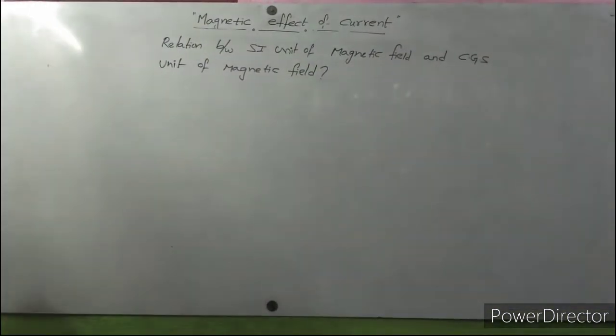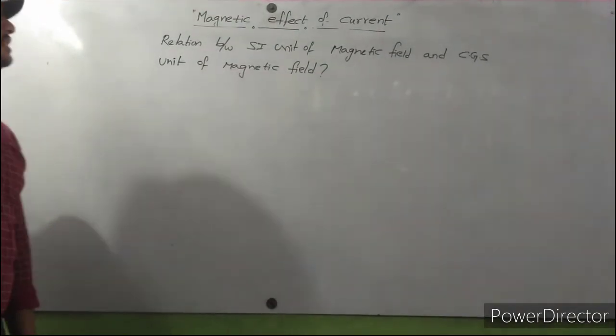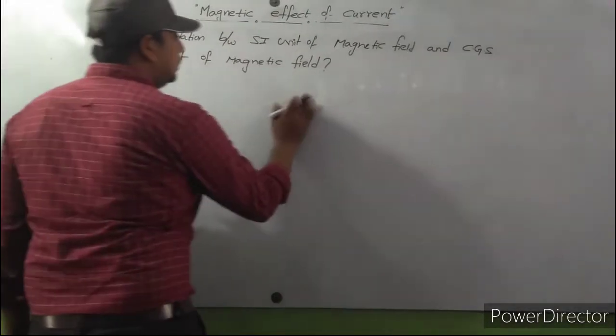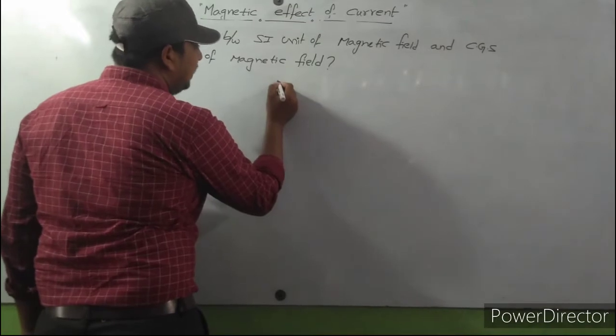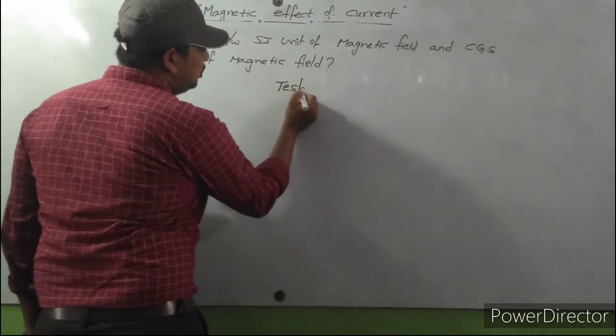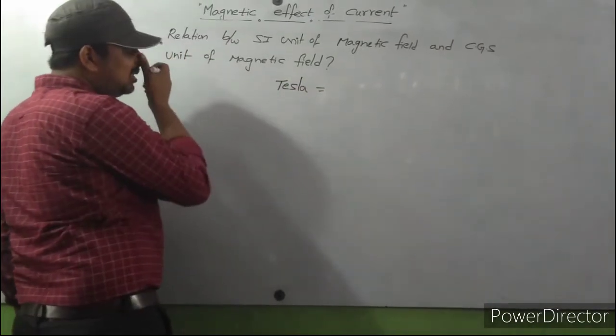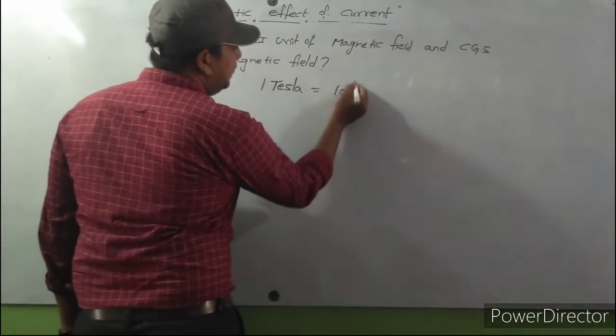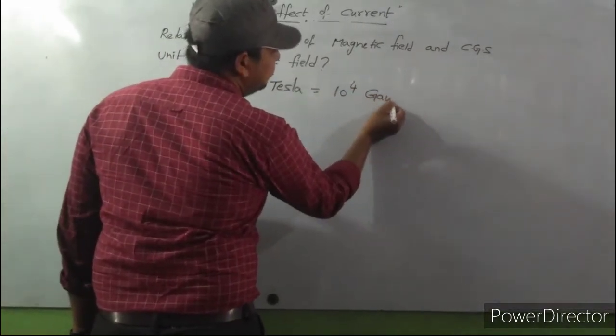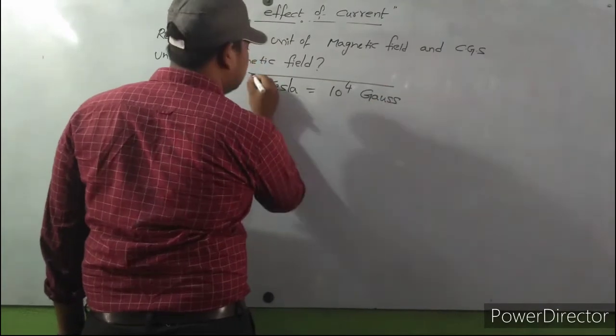What is the relation between SI unit of magnetic field and CGS unit of magnetic field? So SI unit of magnetic field is Tesla. CGS unit of magnetic field is Gauss. So 1 Tesla is equal to 10 power 4 Gauss. This is the answer for this question.